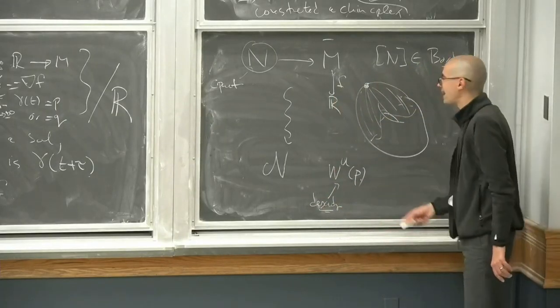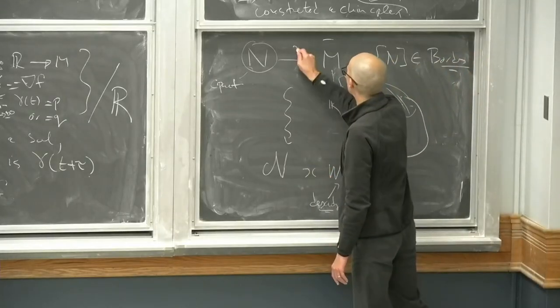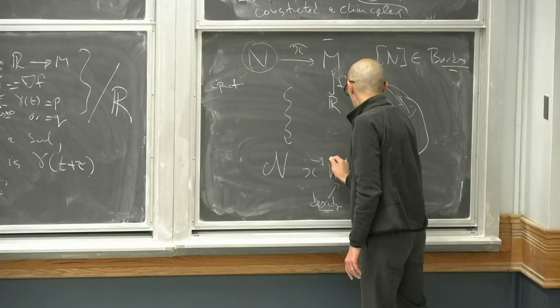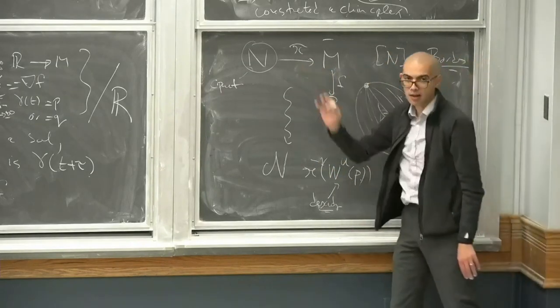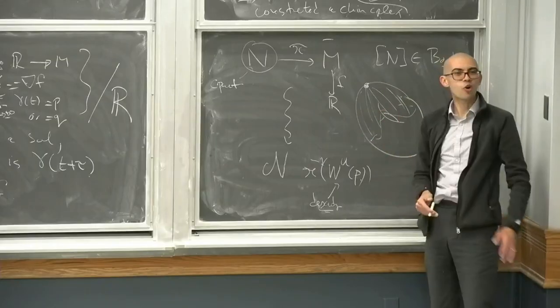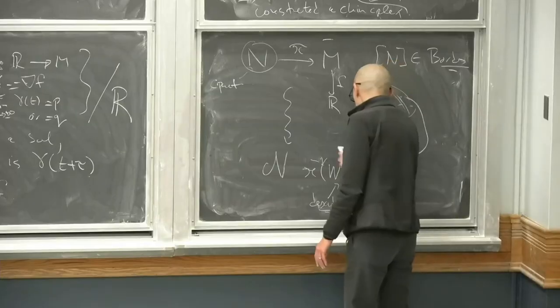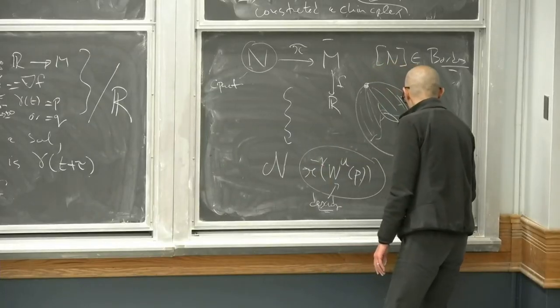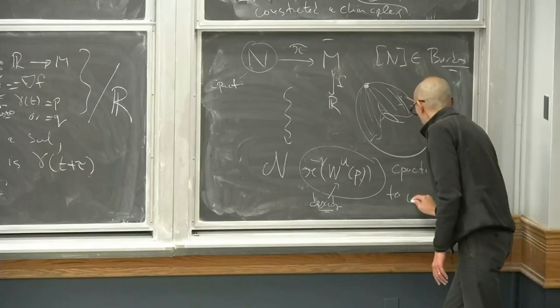And then I'm going to take pi inverse of this. This is going to be some submanifold of N. Now in this case, it will be the inverse image of these 4 open intervals. And now, the claim is that this can be compactified to N of P.